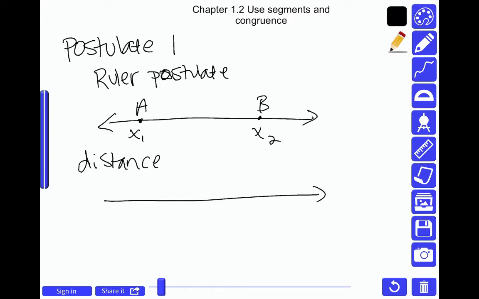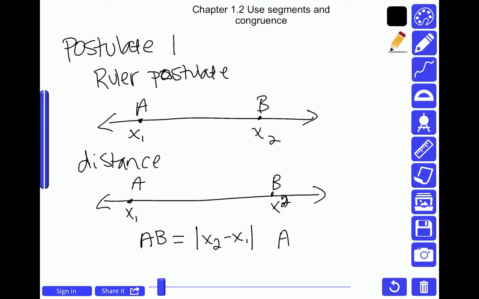So if I redraw this line and I say that A is at x1 and B is at x2, then the distance AB, okay, so that's how we denote distance, is instead of putting anything above the AB, we just write the AB next to each other. The distance is going to be the absolute value of x2 minus x1.